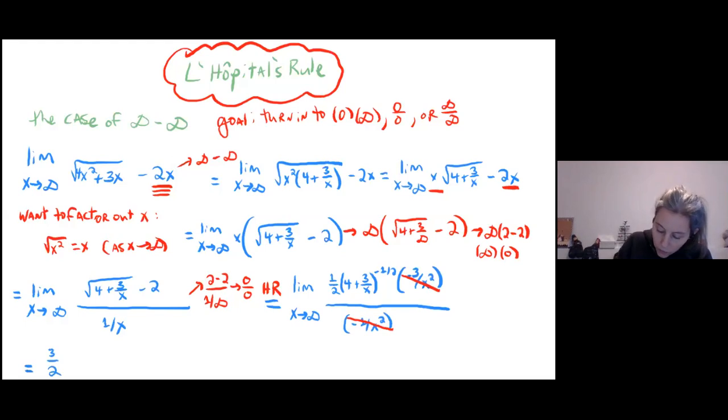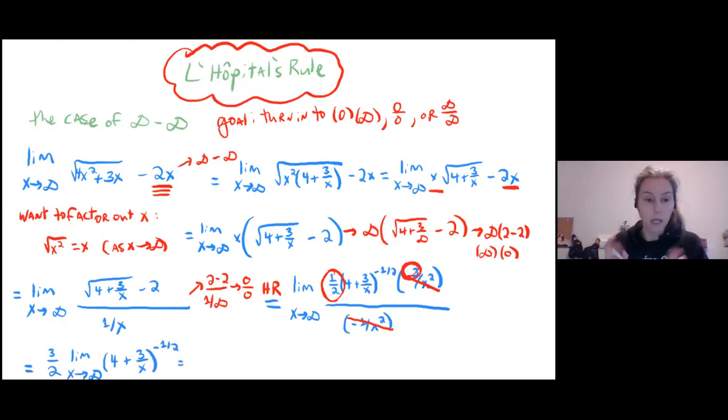I'm taking those constants that I have left over right there, the 3 and the 1/2, and bringing them to the outside of my limit. The limit as x approaches infinity, there's no longer anything left in the denominator. So all I have here is 4 plus 3 over x to the negative 1/2. Let's plug in that infinity again to get 3 over 2 times 4 plus 3 over infinity to the negative 1 over 2.